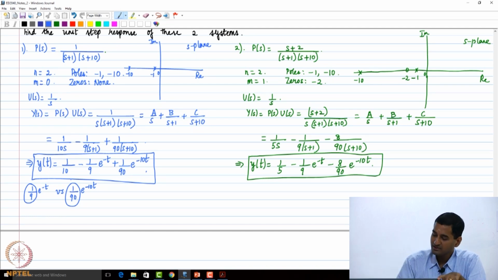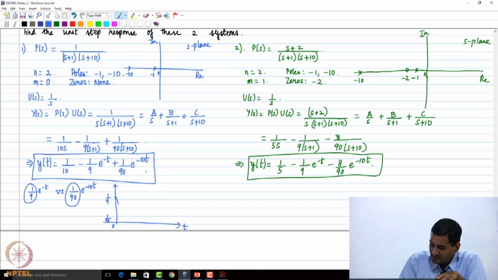Okay, so if I want to draw it pictorially, like if we want to draw these two factors, right? So at time t equals 0, anyway e power 0 is 1, right? So 1 by 9 e power minus t will start at 1 by 9, right? Let's say that's 1 by 9. 1 by 90 e power minus 10t is going to start at 1 by 90, which is 1/10 of 1 by 9. Correct? Let's say it's somewhere there. Okay?